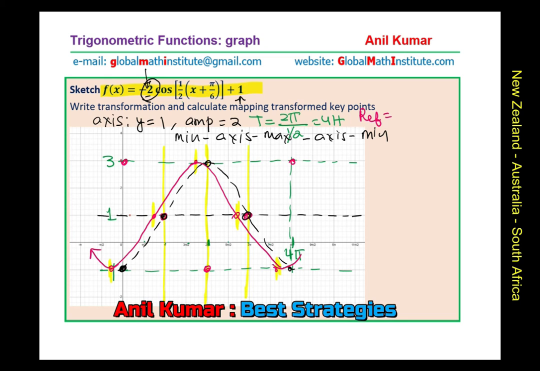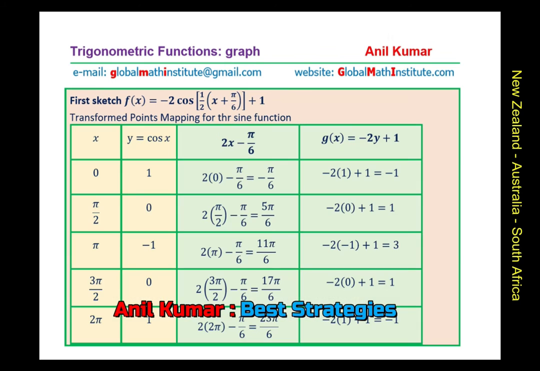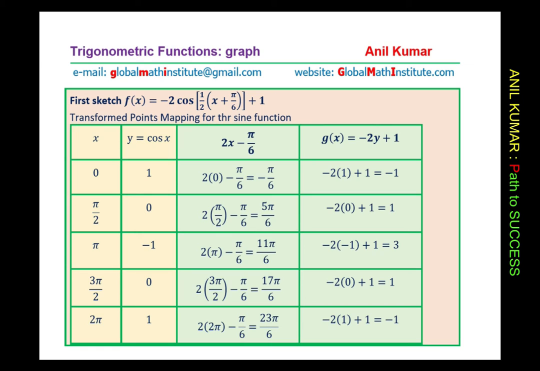Okay, great. To summarize what we did, the calculation of the points which are being calculated right there. So you will notice that the x, y points were mapped so that the x values were multiplied by 2, right? And then subtracted pi by 6.